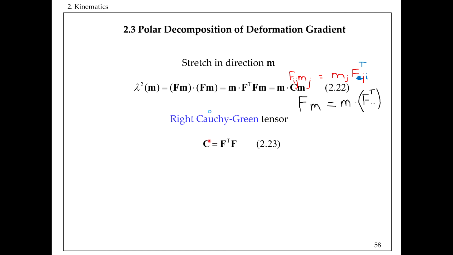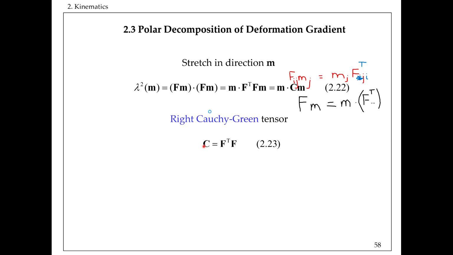Now we need to look into the structure of C. This is a multiplication of two second order tensors, so the result is also a second order tensor. That's again our definition, right? When we take one second order tensor and multiply it with another, we obtain a second order tensor, and we mean that there is a dot product between them when we write this multiplication this way. So C will be important to remember.